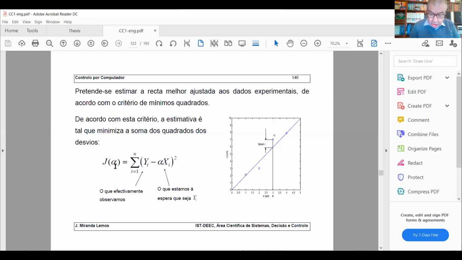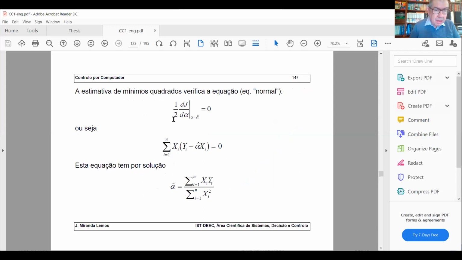So you differentiate J with respect to alpha. If alpha is just one parameter, then it's just a total derivative, and you equate this derivative to 0. You can multiply by a factor, because multiplying 0 by a factor is still 0.